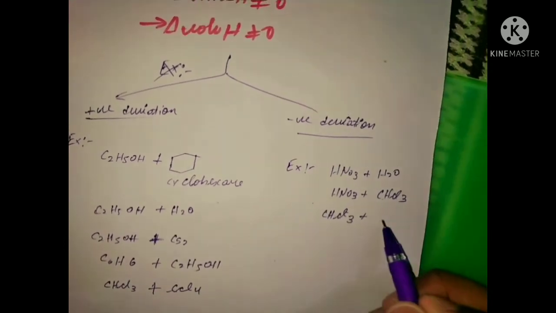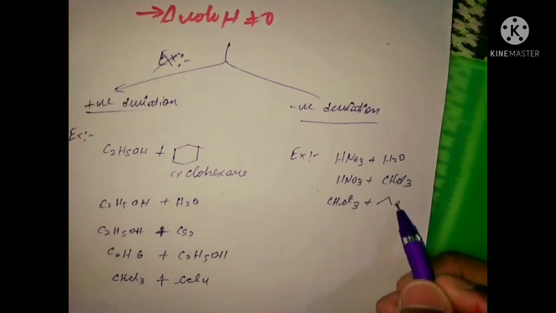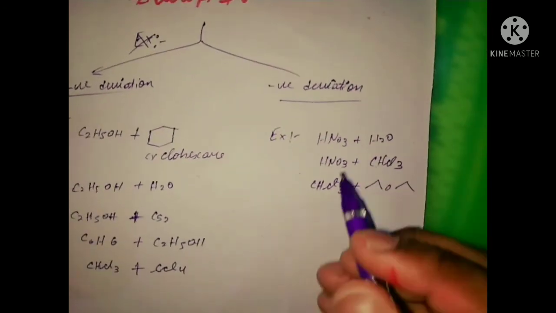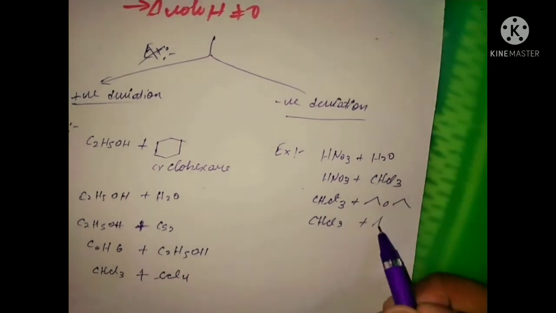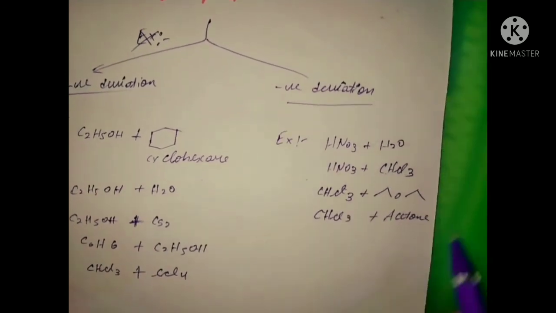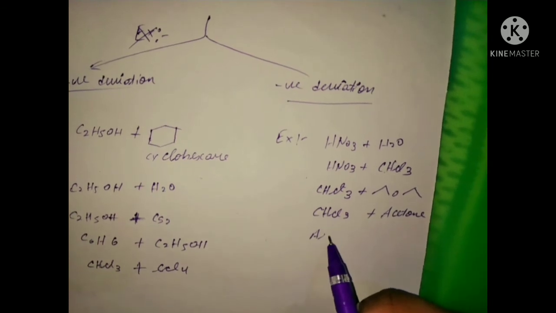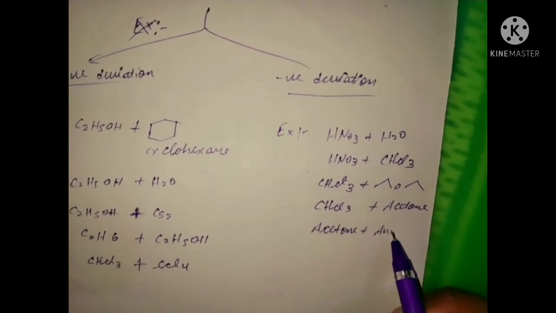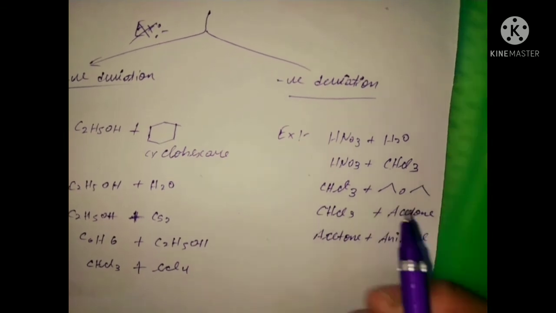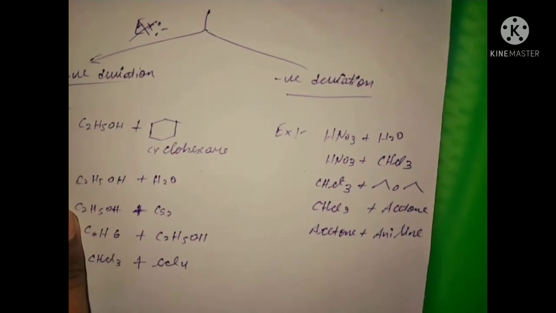CHCl3 plus diacetyl. Next, chloroform plus acetone. Next, acetone plus aniline. All these are the examples for negative deviation, and the earlier ones are the examples for positive deviation.